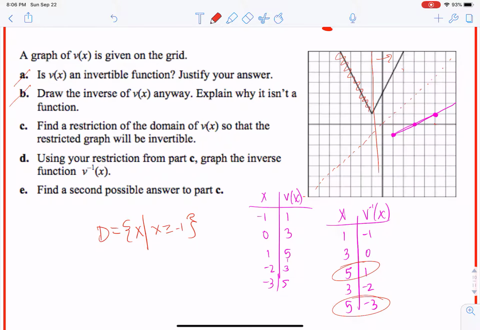And part E says find a second possible answer to C, and I could go ahead and chunk off this part of my graph, and I could say that my domain is x values such that x is less than or equal to -1.